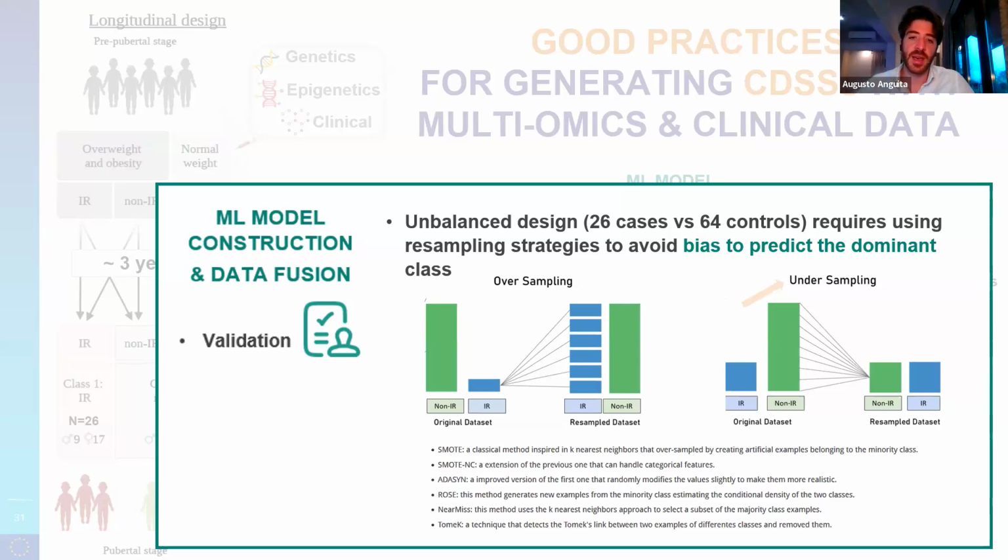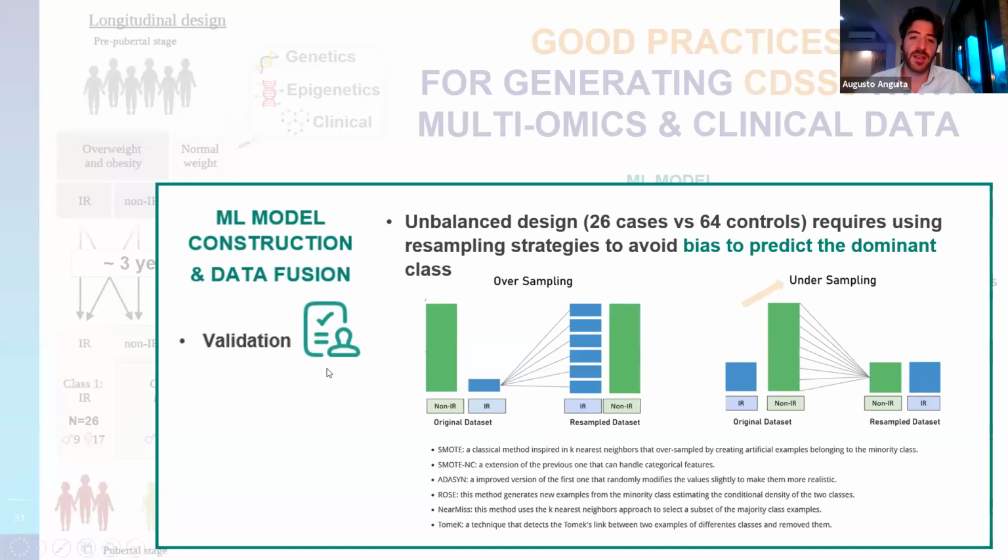In this case, we have more examples of the healthy class, so we can create simulated examples of the disease class, the insulin resistant class, and we will have a balance in the numbers.